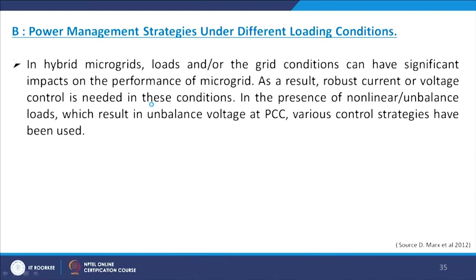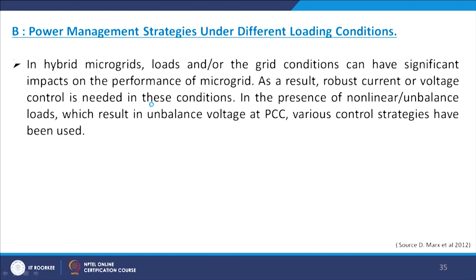Now, if the loading conditions keep on changing, then in a hybrid microgrid, as you all know, the AC/DC microgrid which has been connected to my main grid, and the loads of the AC/DC microgrids keep on changing, loads and/or the grid conditions can have significant impact on the performance of the microgrid.